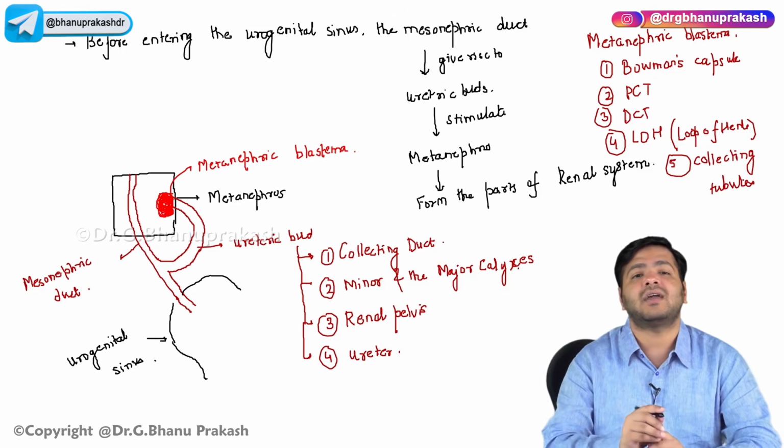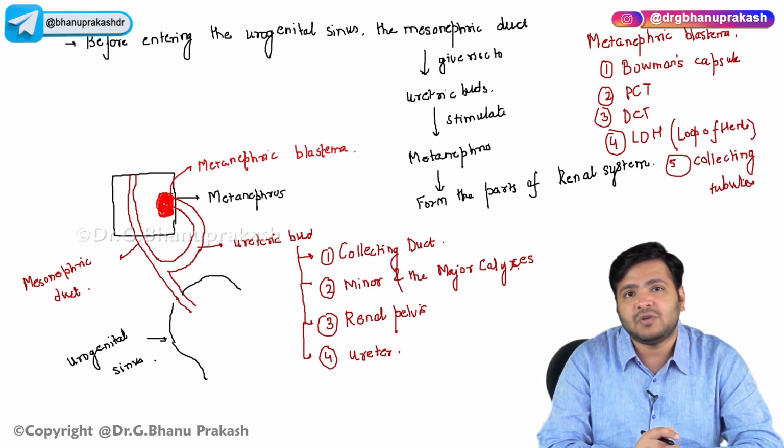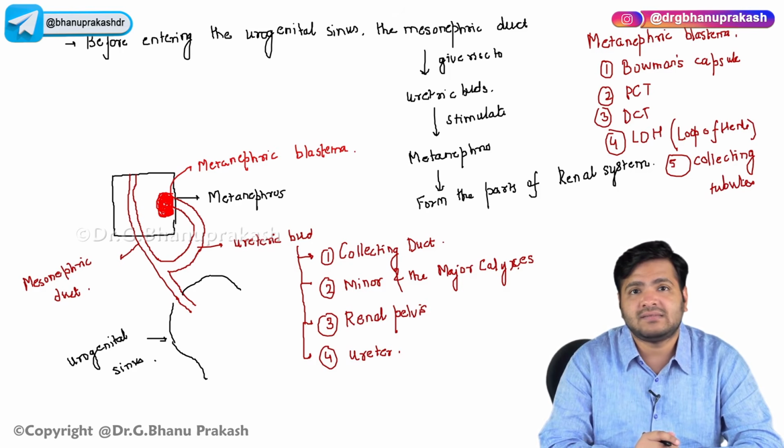So, Bowman's capsule, PCT, proximal convoluted tubule, DCT, distal convoluted tubule, then the loop of Henle, and lastly the collecting tubules.